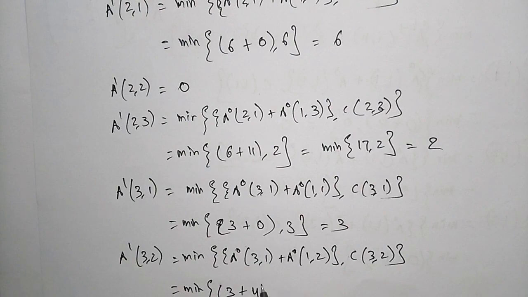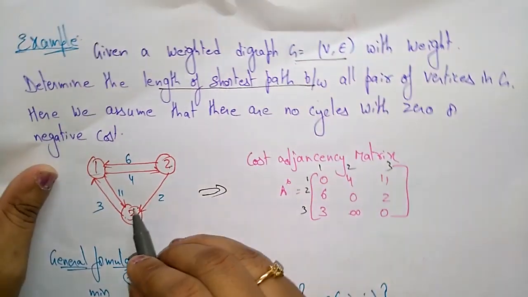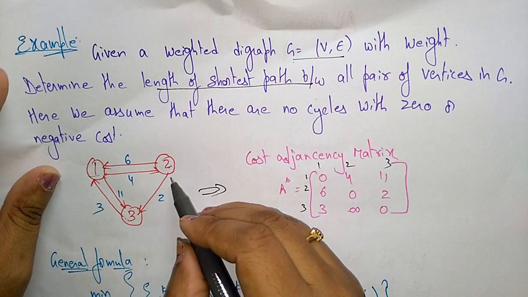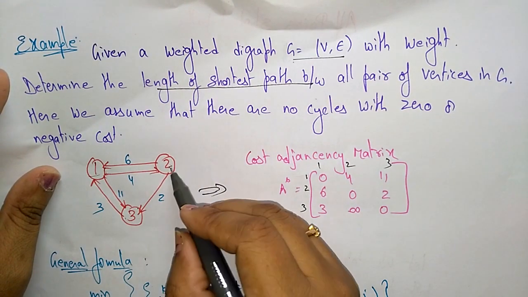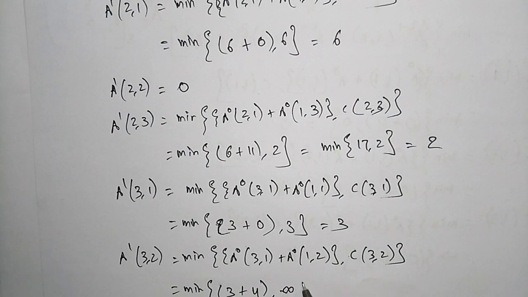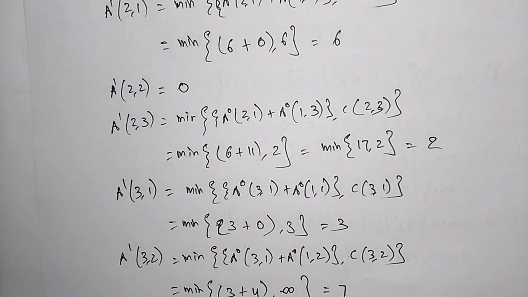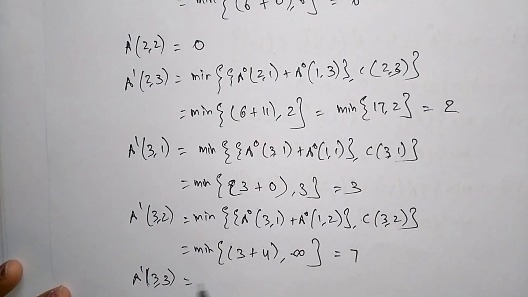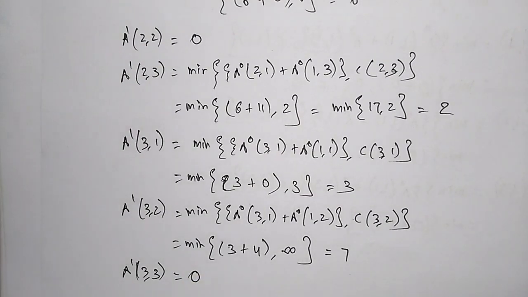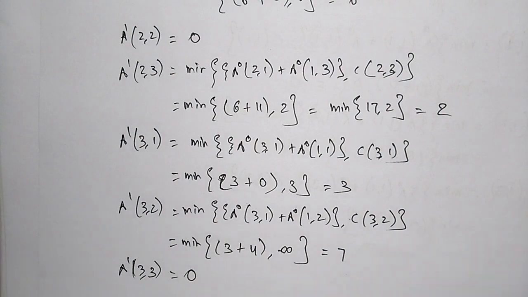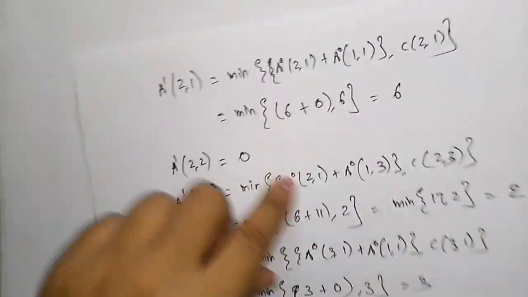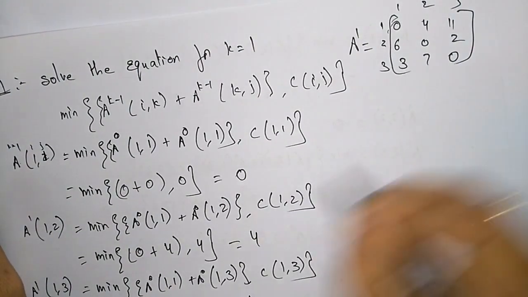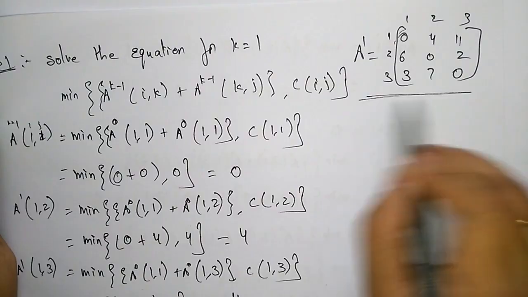So 3 plus 4. And for 3 to 2, what is the cost? There is no cost. There is no backward edge, only this direction is not there, so you have to write infinity. So from this the value is 7. So A1 of 3 comma 3 is always 0. If you visit the same vertex again, the cost is 0. Now just write that value here: 3, 7, 0. So we get the A0 matrix and the A1 matrix.